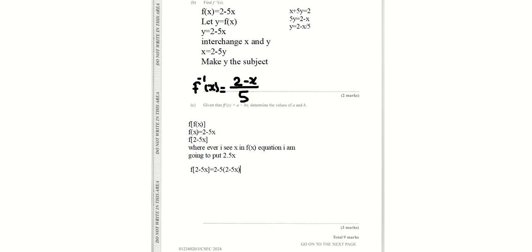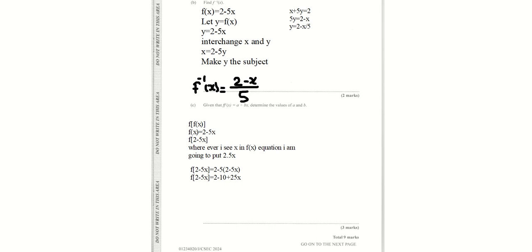And then we're going to use distributive law. So f of 2 minus 5x would be equal to 2 subtract, then we use distributive law, 5 by 2 is 10 and 5 by 5 is 25. We have a minus and a minus, so it'll be plus, because a minus by a minus is a plus, 25x.